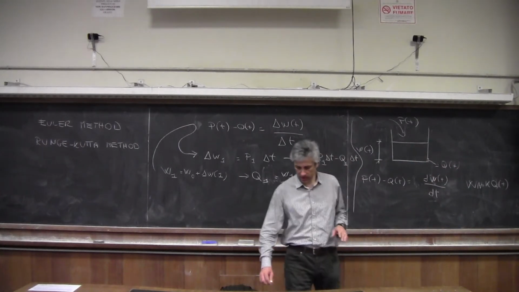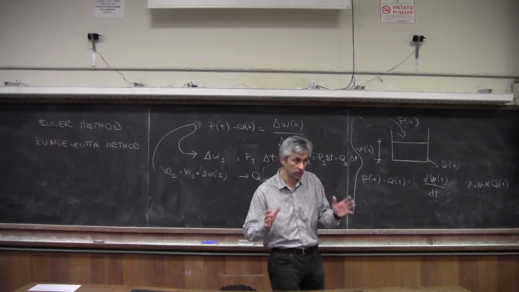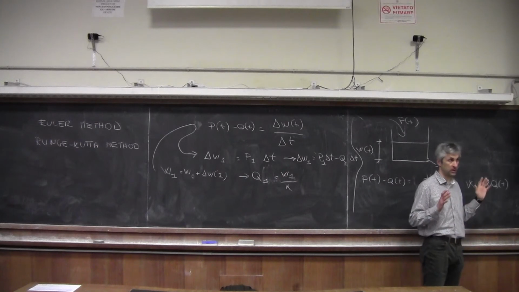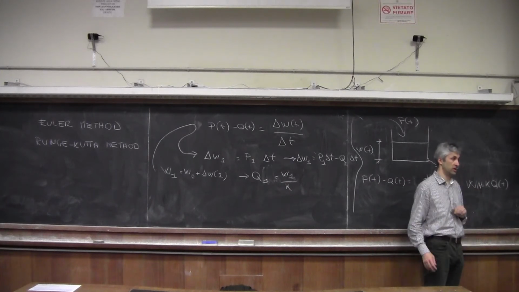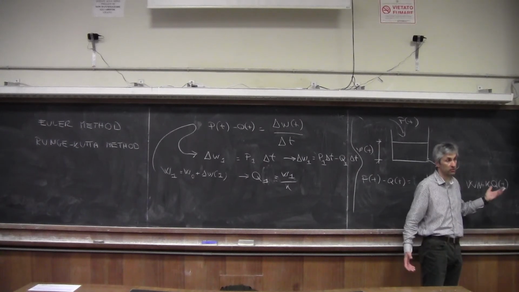And this consideration gives me the opportunity to move forward and tell you, if you want to use a quadratic relationship, because basically the relationship between storage and outflow is not linear. If you want to use a relationship that is different from linear, that's fine, no problem.